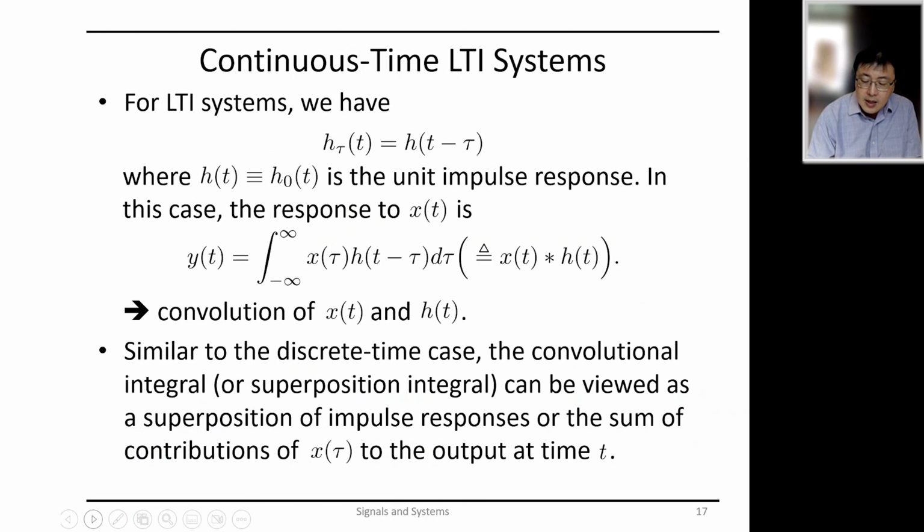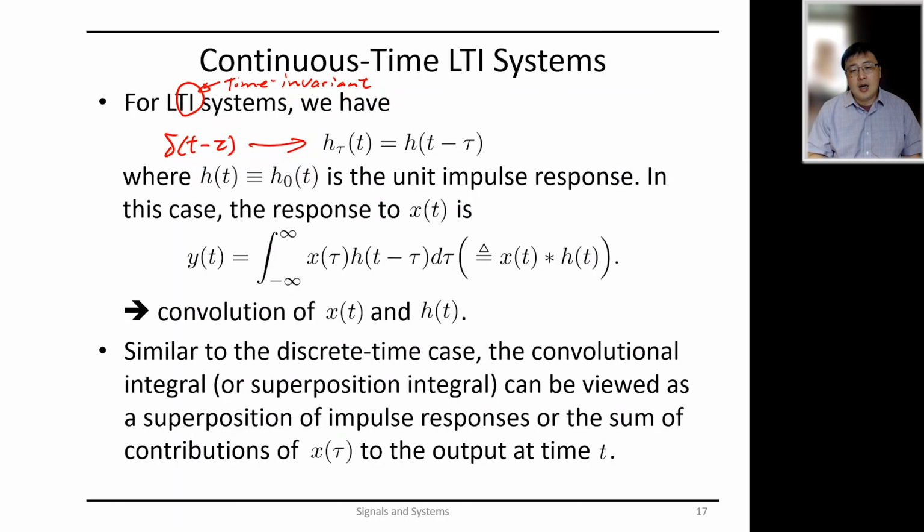So this is saying that if your system is further time invariant, then the response to an impulse at time tau, which is h sub tau of t, would just be a time-shifted version of the response to an impulse at time 0. This is all the same as before.